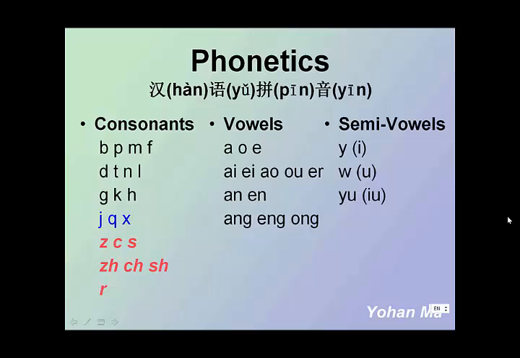The last column, I call it the semivowels. It's Y. It's read as E, just like in English, E. W is woo, like in English, woo.